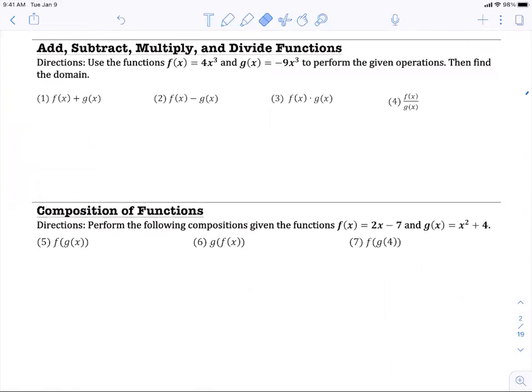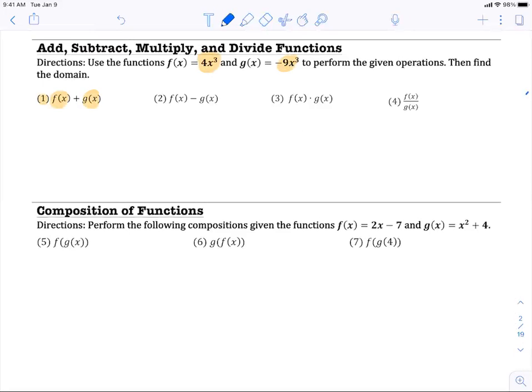If you look at the first section, where it says add, subtract, multiply, and divide functions, this is probably exactly what you're thinking. In my first example, number one, we're supposed to take the f function and add it to the g function. That simply means we take whatever f of x is and add it to whatever g of x is.